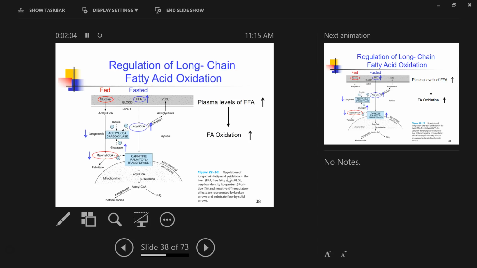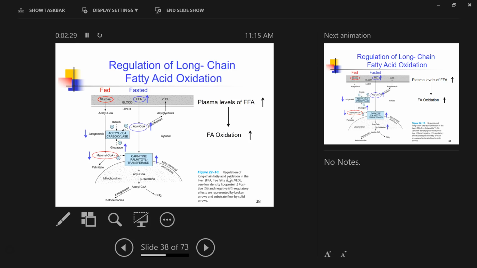That is the strong inhibitor of CPT1. And again, under fasting condition, lipogenesis activity decreases, so ACC activity decreases, so we have lower malonyl-CoA being synthesized.